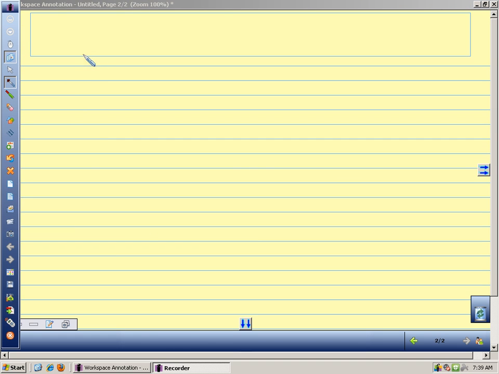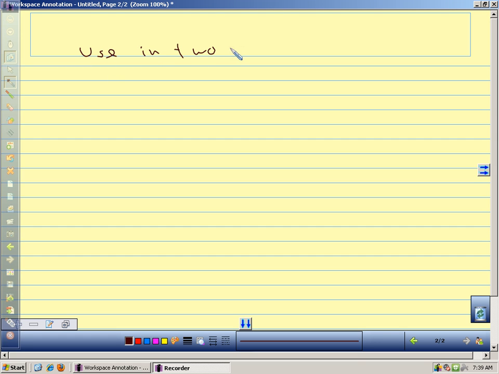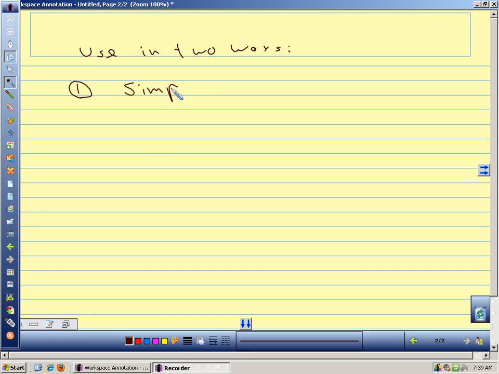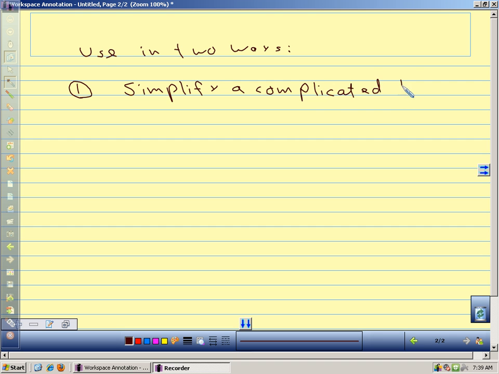So we're going to use Stokes' theorem in two ways. We can use it to simplify a complicated line integral by turning it into a surface integral.